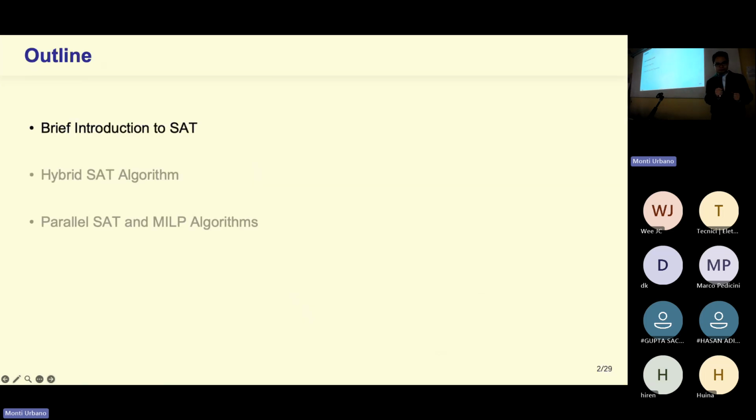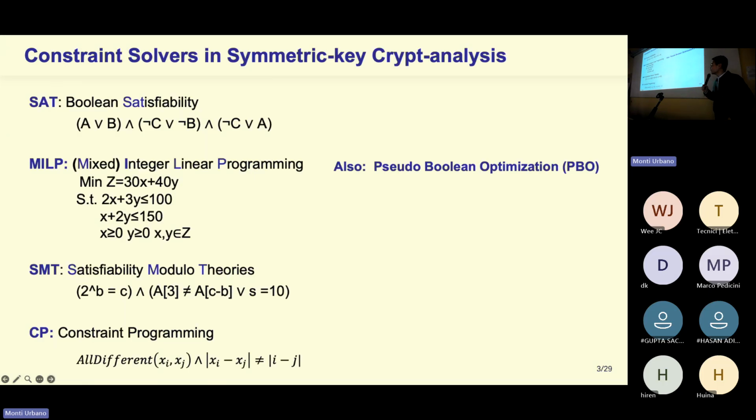Okay, so I will try to explain some basic principles in SAT and MILP solving. So we start from a brief introduction. For symmetric-key cryptanalysis, we usually have constraint solvers like SAT, MILP, and also SMT and CP.